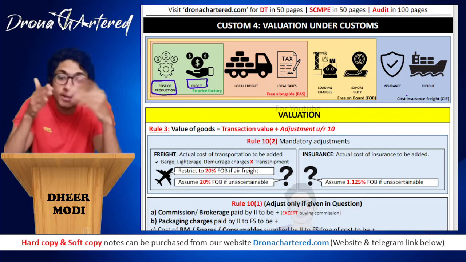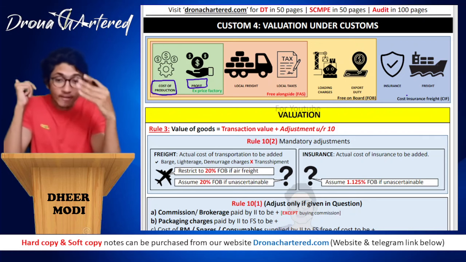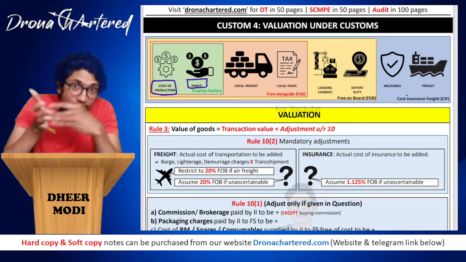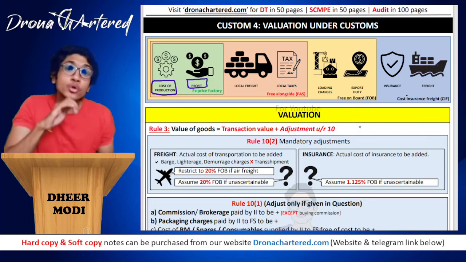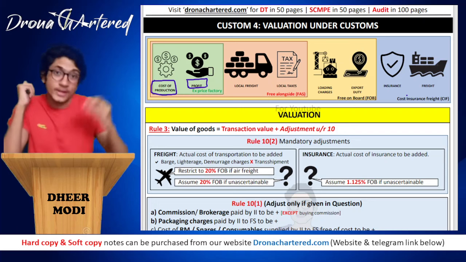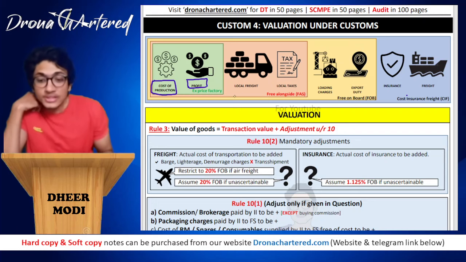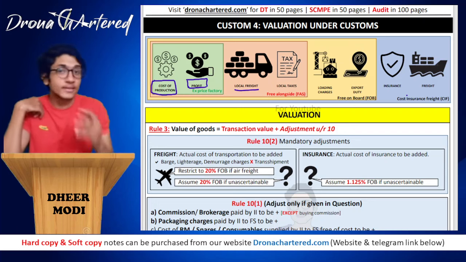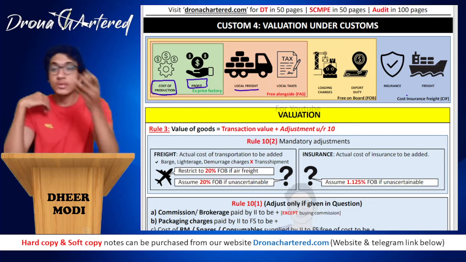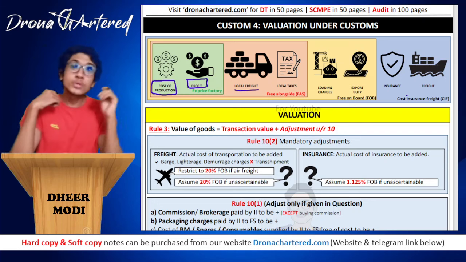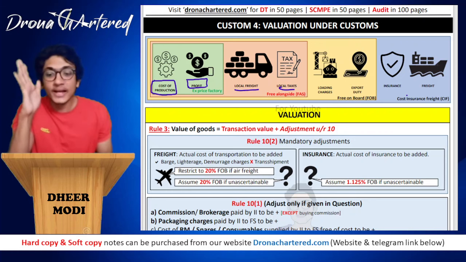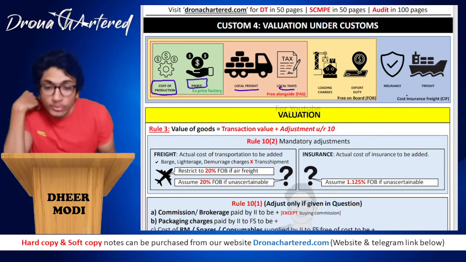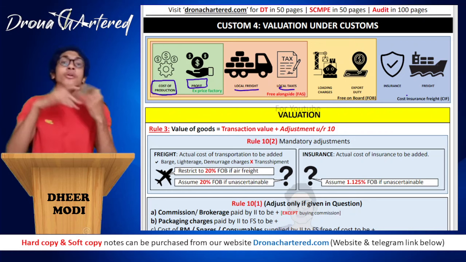Now the moment these goods travel from the factory to the port, they have only traveled to the port. They have not been loaded. So in such a case, you will also be paying freight, that is transportation for the goods from the factory to the port, plus any local taxes. If any local taxes have to be paid, that has to be added. So you will get free alongside. Why is it called alongside?